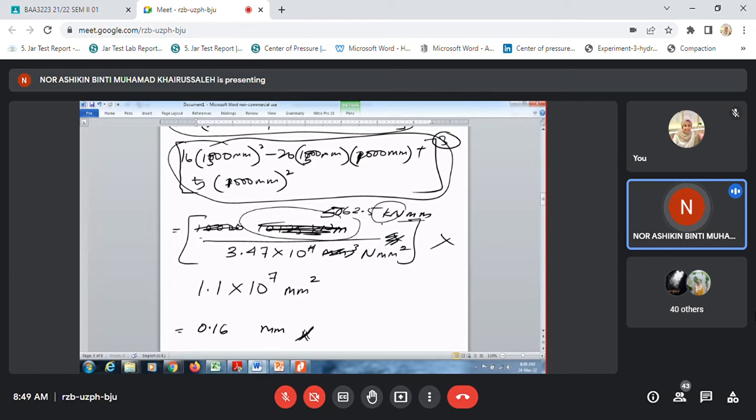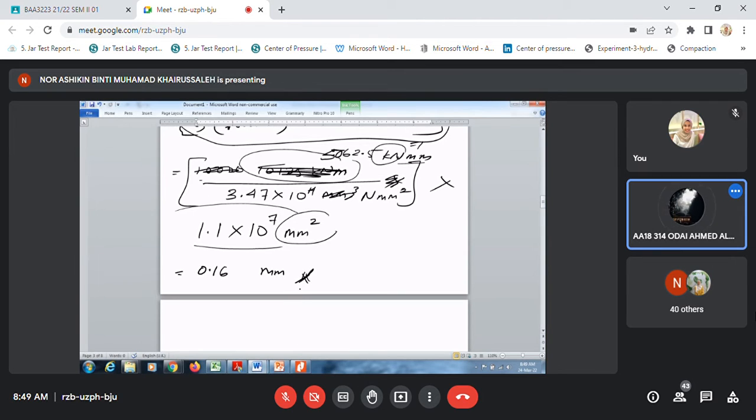You change it to Newton, you start with 1,000, but you multiply with the millimeter square here. So you got millimeter, isn't it? Oh, okay. I thought this 1.1 is under the bracket. So you forgot this one. Okay, thank you, madam. So now you got the same answer, right?